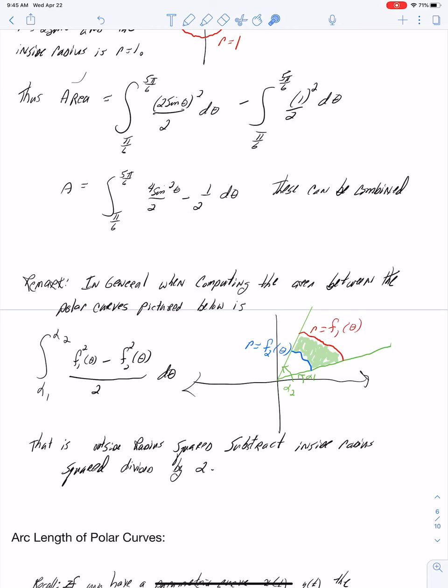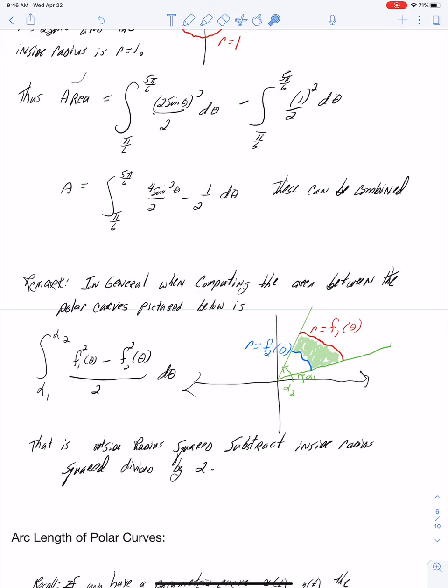If I want to compute the area between them from say angle alpha 1 to angle alpha 2, it simply is what? The integral from alpha 1 to alpha 2 of the outside radius squared, f1 squared of theta, minus the inside radius squared, f2 squared of theta, all divided by 2 d theta.